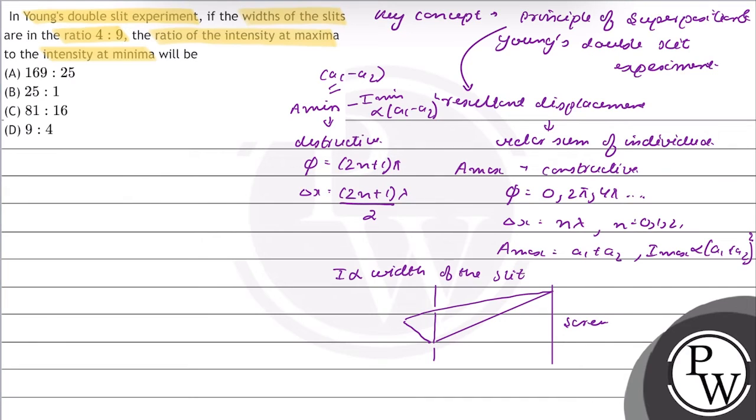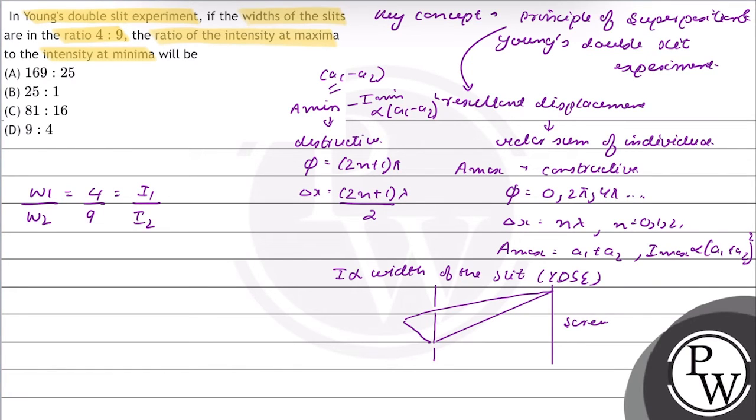In Young's double slit experiment, इस क्वेश्चन में हमें गिवन है कि width of the slits are in ratio 4:9. So W1 upon W2 is equal to 4 by 9 is equal to intensity 1 upon intensity 2.